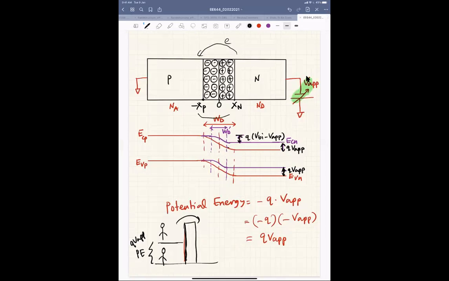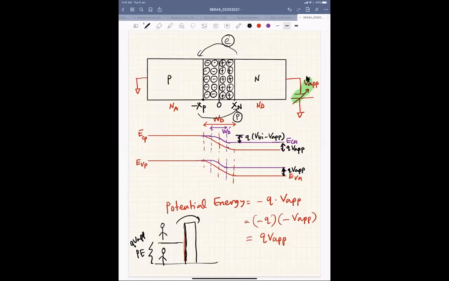And you are injecting holes from P to N side, right? So when you are injecting electrons and holes, these electrons are the minority carriers in the P side, and these holes are the minority carriers in the N side, right?